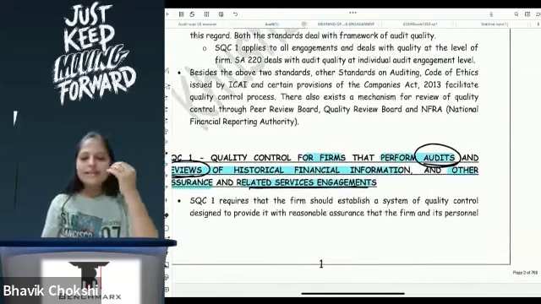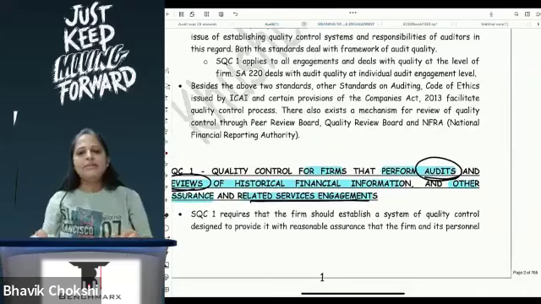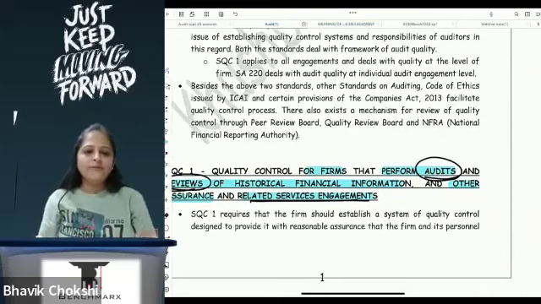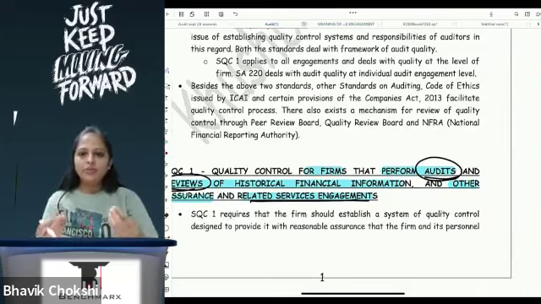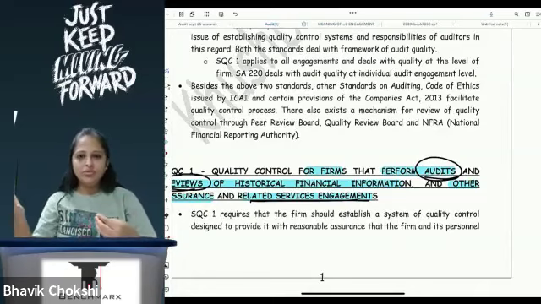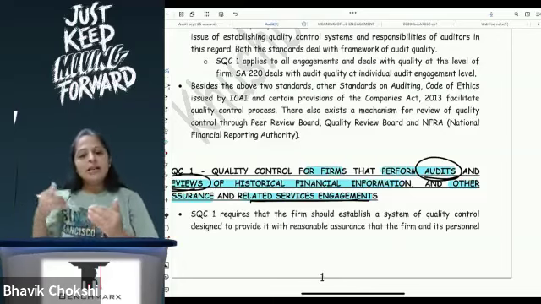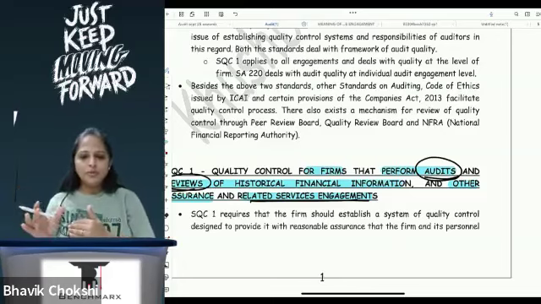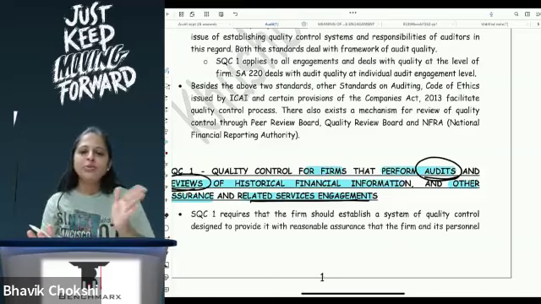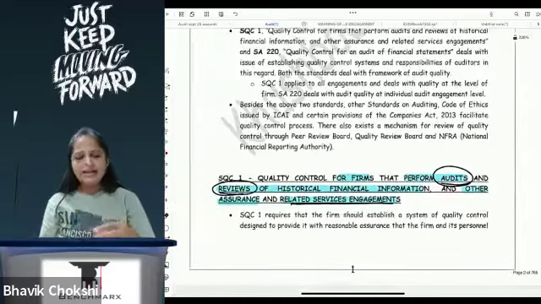Now it is saying that it doesn't matter what kind of firm you are, whether you are a proprietor, whether you are a mid-size firm, whether you are a Dhruva kind of a firm जो big four नहीं है but big four से एक level नीचे है, या you are a firm which is a big four. I don't care. If you are a person who is associated with ICAI, then in that case you will have to maintain the quality control.